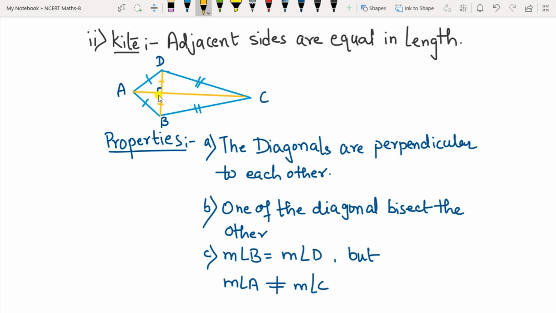That means this diagonal is divided into equal lengths. This sign you see here in yellow shows that this length is equal to this length here. So angle B equals angle D, the opposite angles, but angle A will not be equal to angle C. You can see from the figure this angle is greater than this angle.